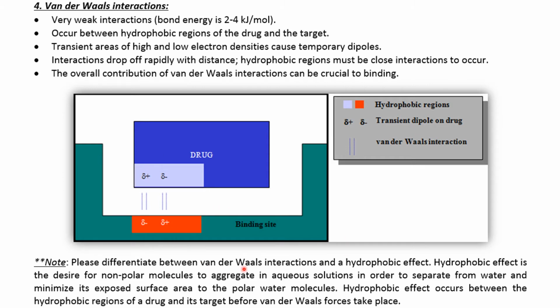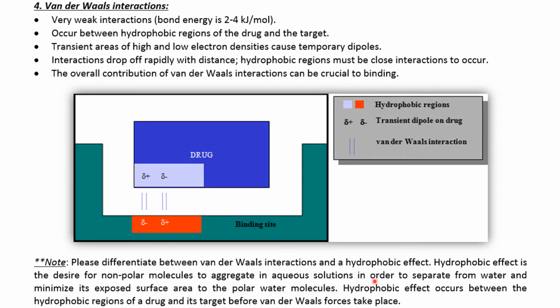Please differentiate between van der Waals interactions and what's called the hydrophobic effect. Hydrophobic effect is what happens when nonpolar molecules aggregate in an aqueous solution in order to separate from water and minimize their exposure to the water polar molecules.